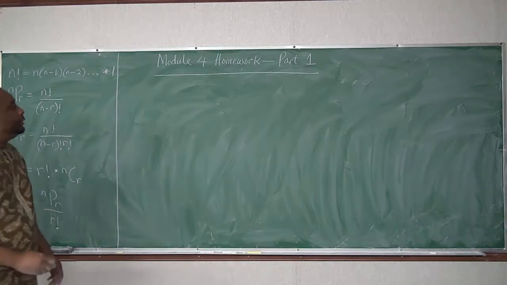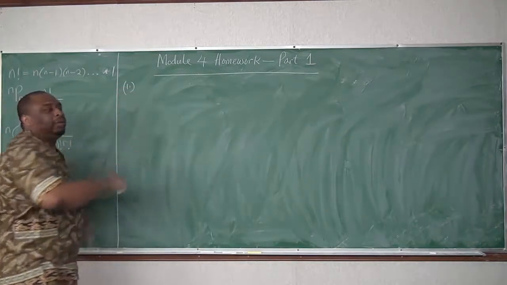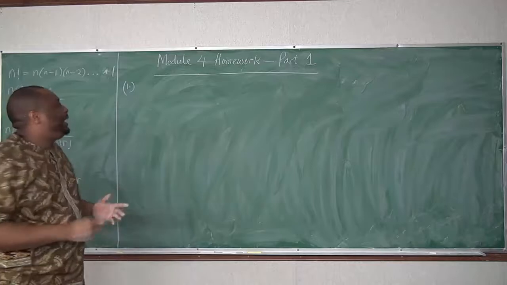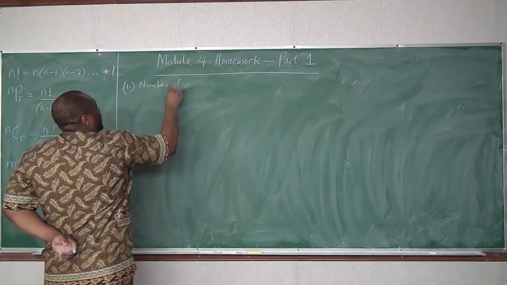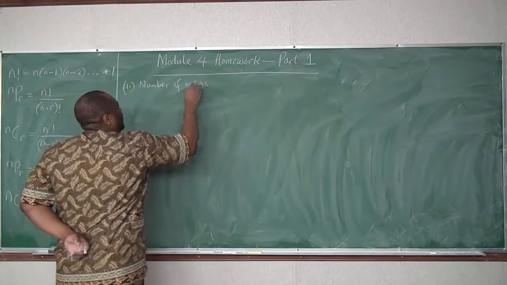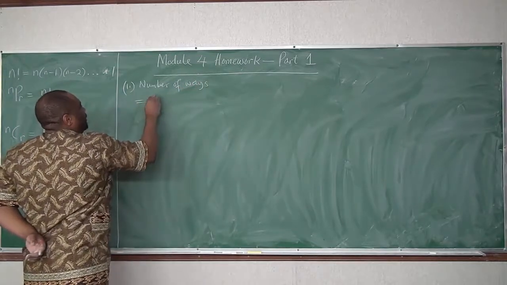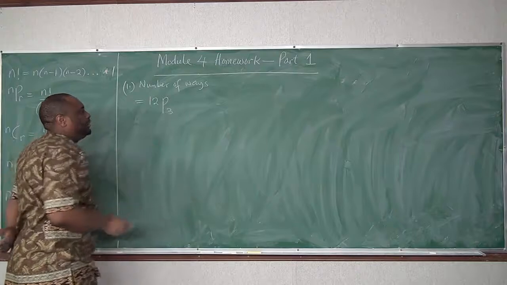So question 1, because it is with order, the number of ways would be 12 permutation 3.